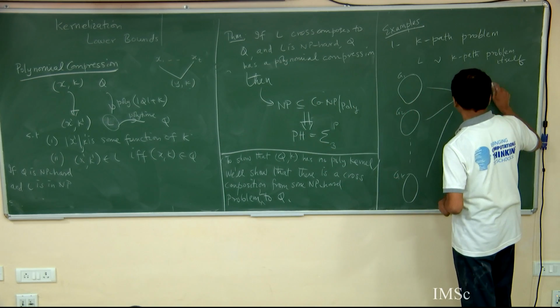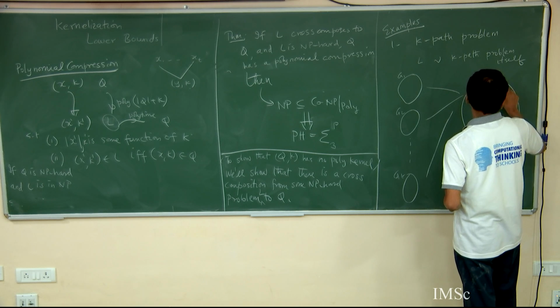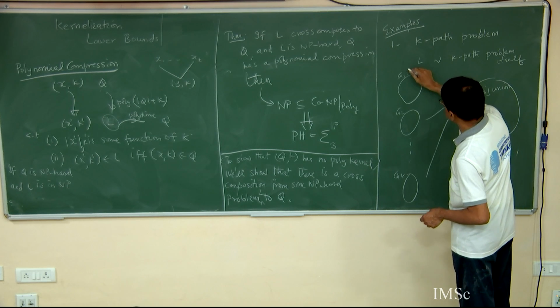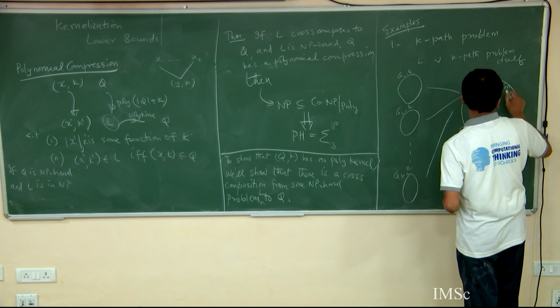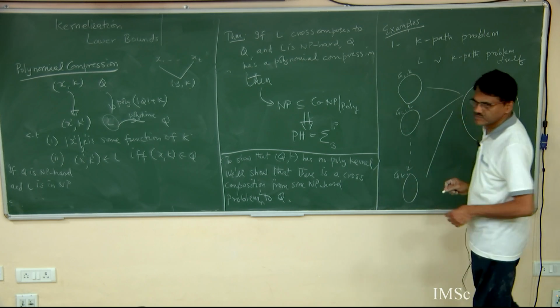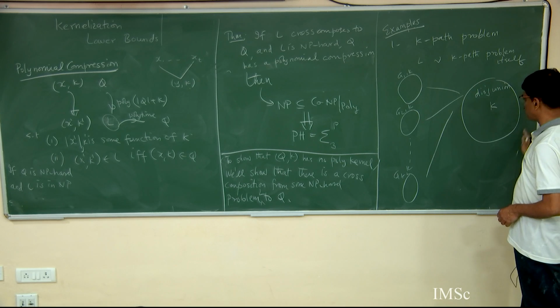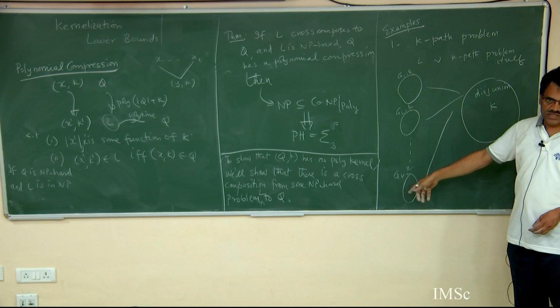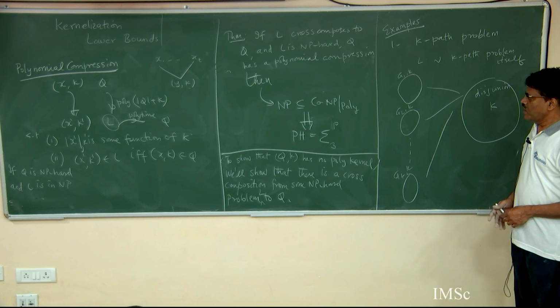So, what is this y? It is this disjoint union, with the same k. And this has a path of length k if and only if there exists an i such that G_i has a path of length k. It is trivial here.